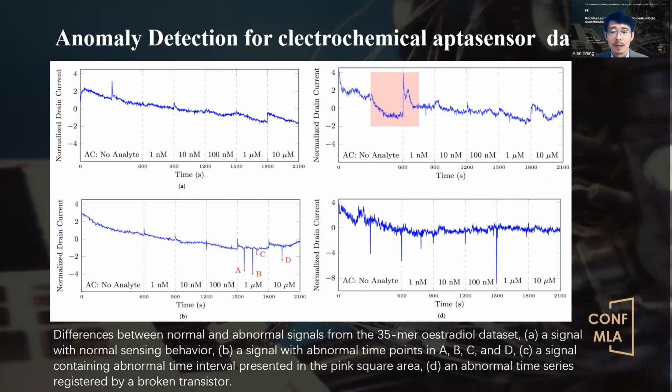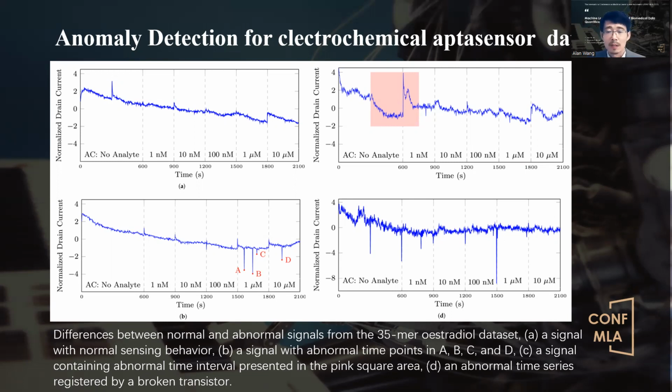For example, subfigure A shows a signal with normal sensor behavior, but it is highly common that the signals contain some abnormal endpoints, for example, as shown in subfigure B, or there are some abnormal time intervals as shown in subfigures C and D.